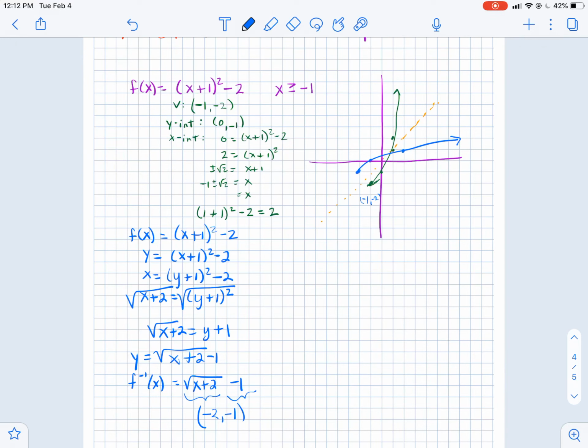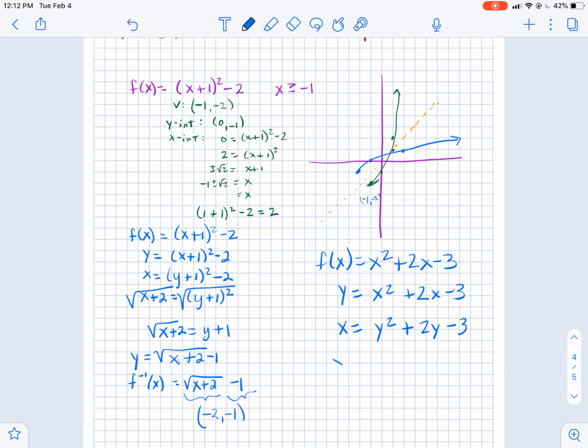Now, very rarely, none in here, do we take standard form and do the inverse to it. So you will not have one like that. Again, you could do it. You would need to complete the square on it, because when I switch, you're actually completing the square on the y, not on the x.